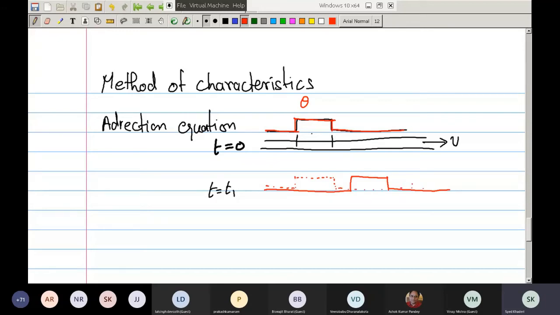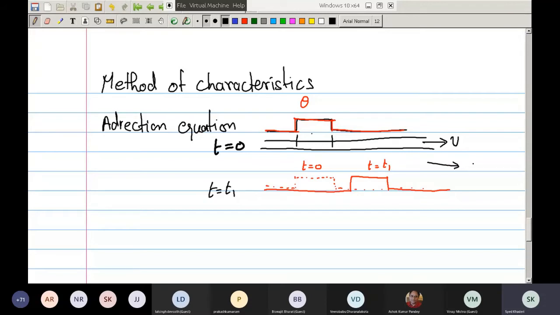This is the temperature profile at time t equal to 0, and this is the temperature profile at time t equal to t1. This has happened because the water is flowing with the velocity v. So this is the coordinate x here.